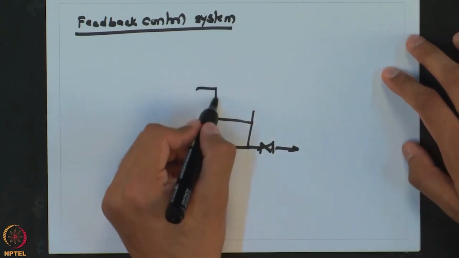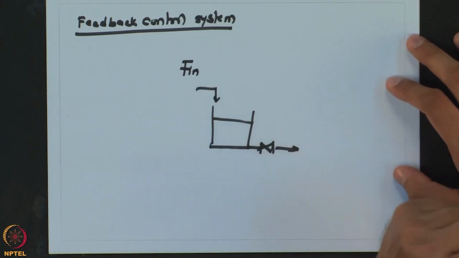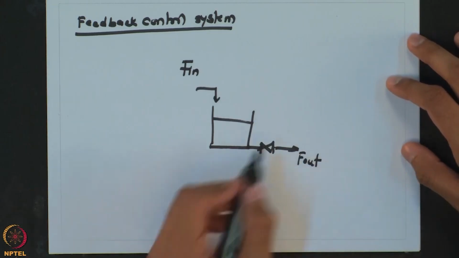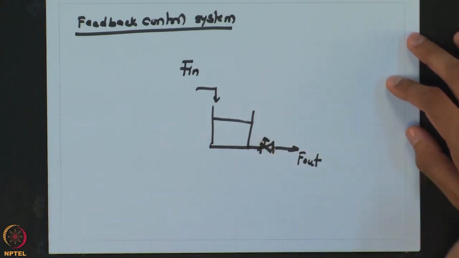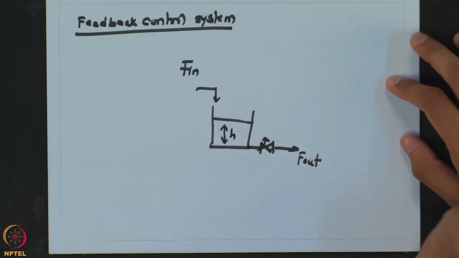This is our surge tank where some flow comes in, which is typically considered as a disturbance, and you try to manipulate the outlet valve so as to maintain the level inside this tank.